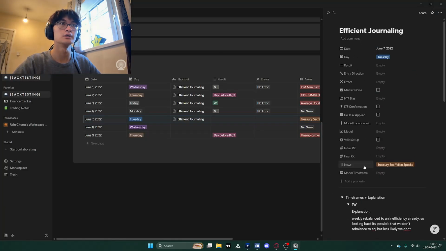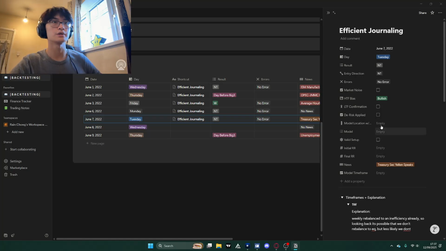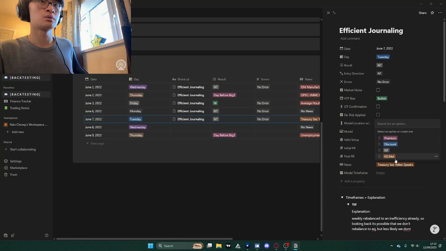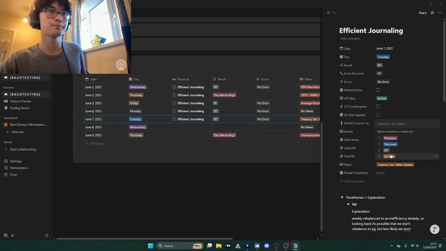We're actually gonna go back over here. Result, no trade. Entry direction, no trade. No error. The time frame bias is bearish. Actually, no, bullish. Low time frame confirmation, nothing to do there. Model location, no trade.